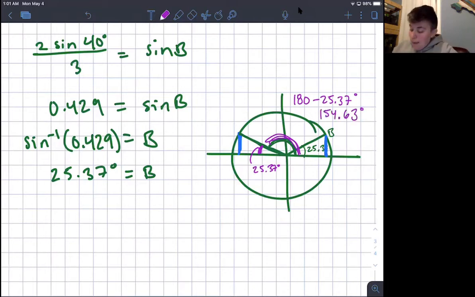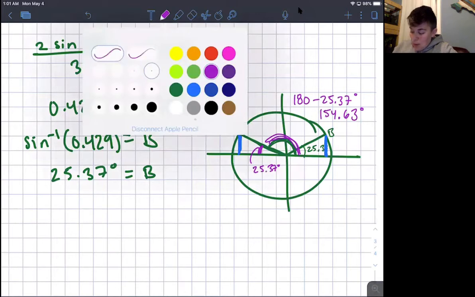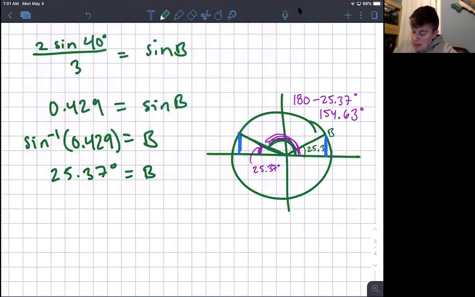Okay, so that means that my angle B, this is where it becomes the ambiguous case, my angle B could also possibly be 154.63 degrees.